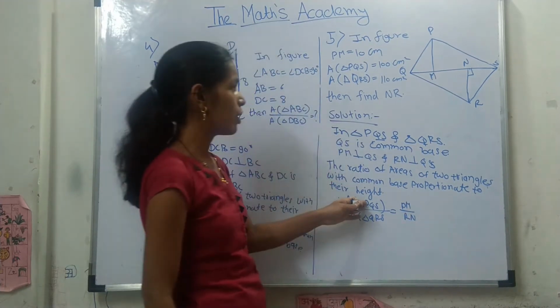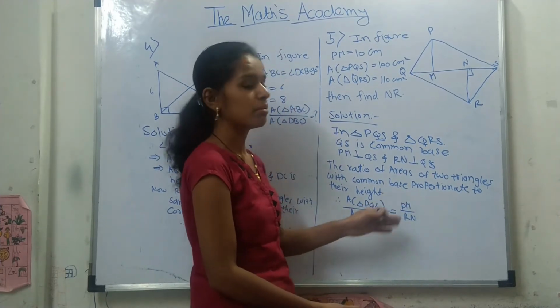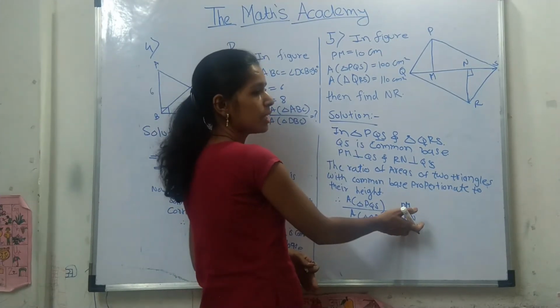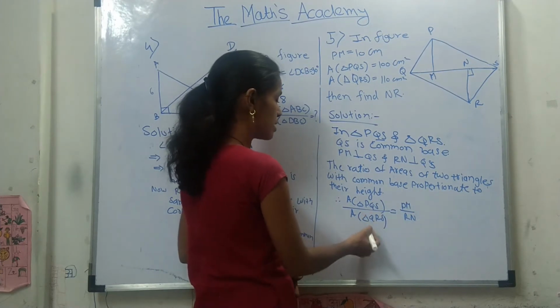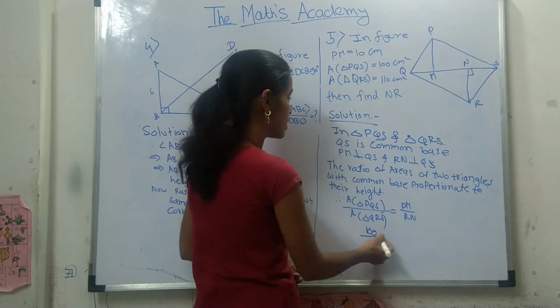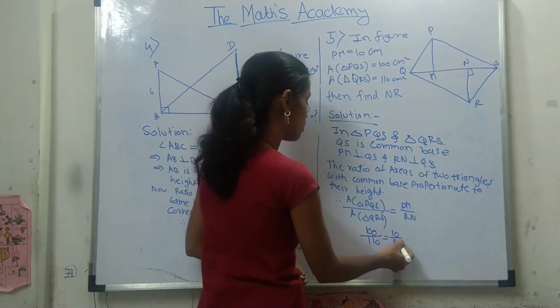We know the value of area of triangle PQS, area of triangle QRS, and the value of PM. By using it we can find out NR. So PQS is 100, QRS is 110, PM is 10, and RN we have to find.